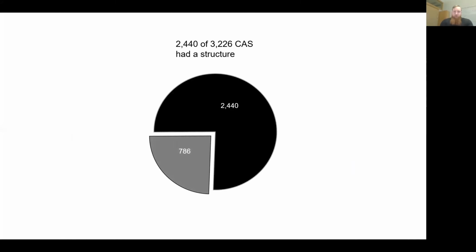We also had another problem with the cost numbers. We started off with 3,226, and for 2,440 of them, we could actually define a specific structure. So we're losing approximately 1/4 of the data here. And in those 786 cost numbers which we lose, you have a set of compounds which are, for instance, undefined mixtures, either because they're reaction masses or something which you haven't really defined how they look.